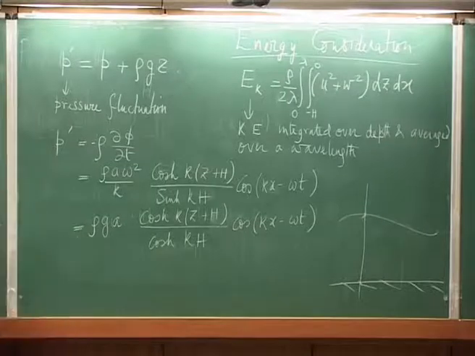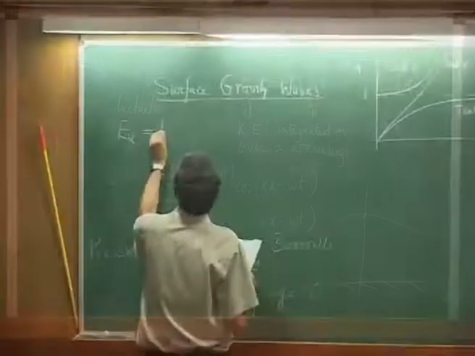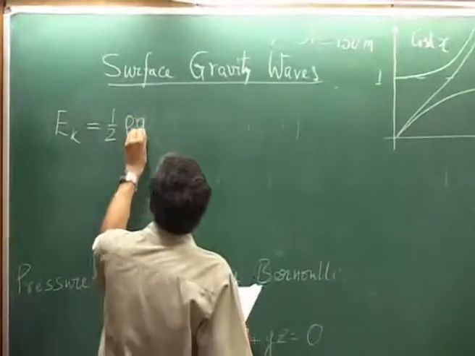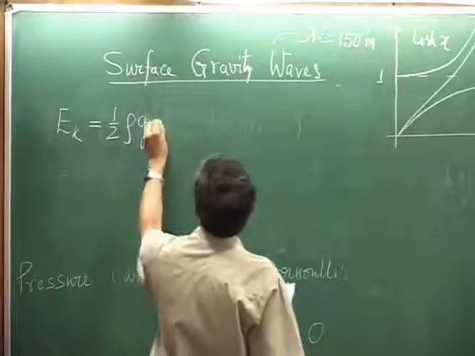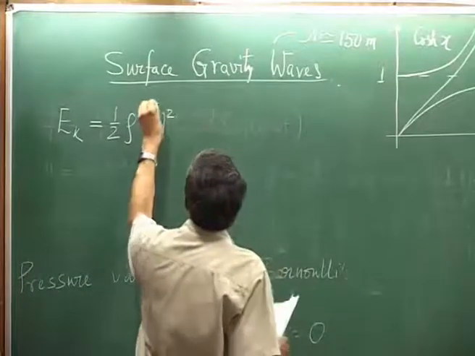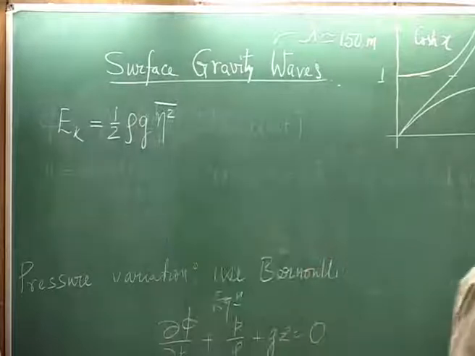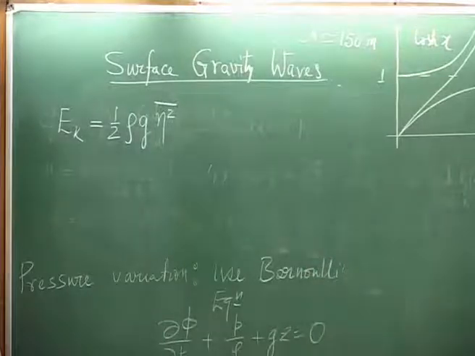That would give you an expression rho g into eta square bar. So, this is like the mean square wave elevation. I have eta as the wave elevation, I square it and average it over one wavelength, that is what we are writing.